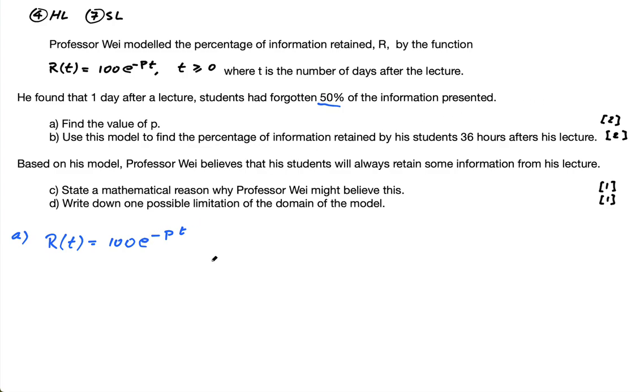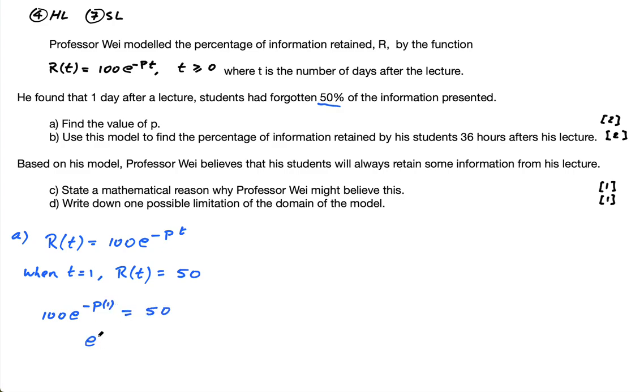So that means when T equals 1, so that's after 1 day, R of T, which is the percentage of information retained, is 50% or half of this. So it's 50. So we can say 100 e to the minus P times 1 is equal to 50.